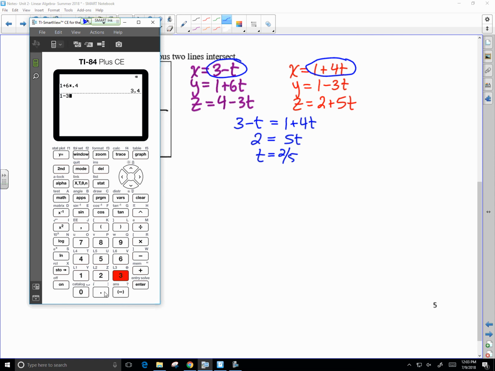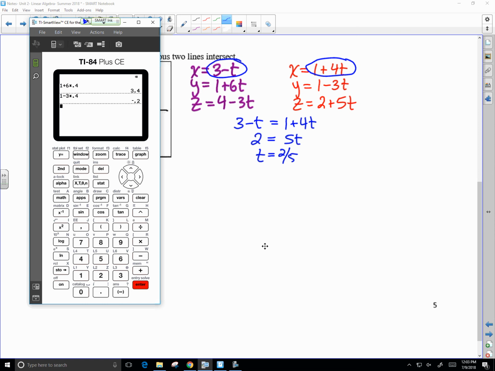Oh, actually, yeah, just times 0.4. So we get a little contradiction here.